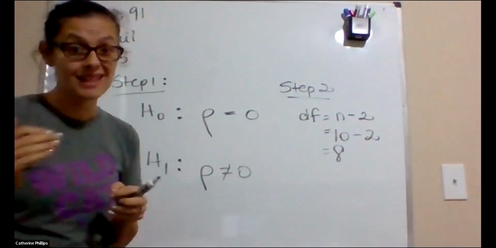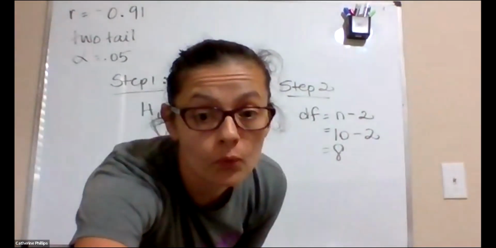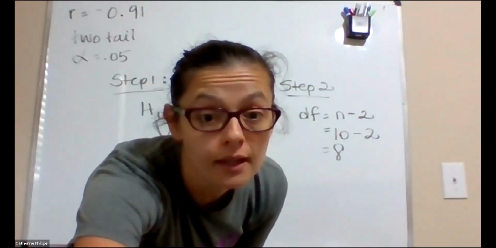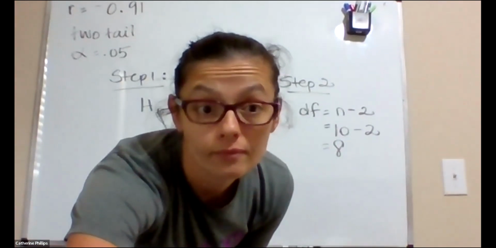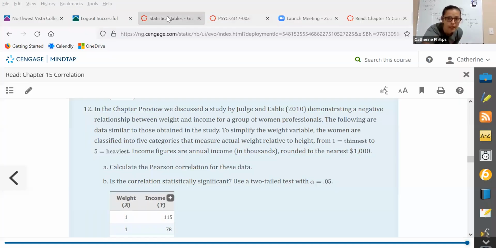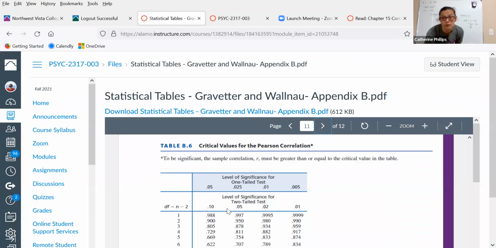We're going to take that and go to the statistical tables. And if we want, we could either do further calculations after we calculated our R and convert it into a T and use our t-test tables, or we can stop at an R. We have a critical values table for that.